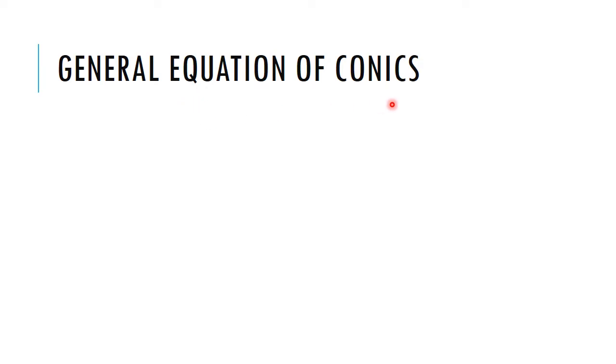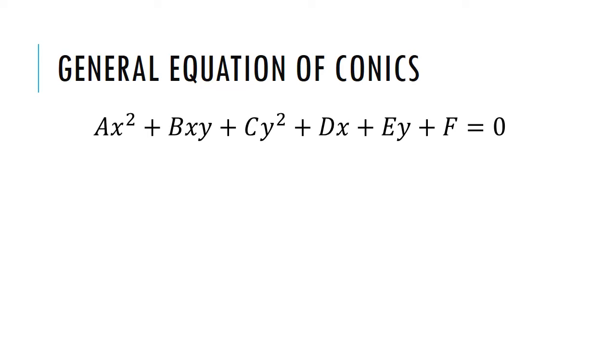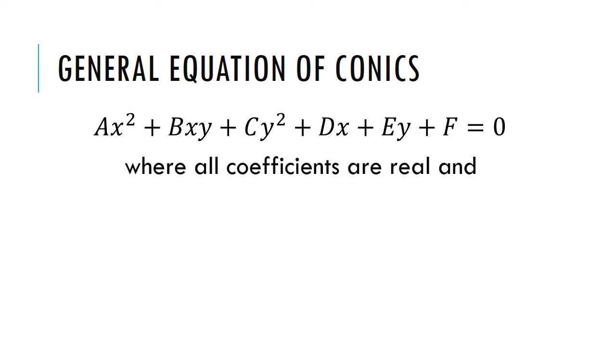And all of these conic sections, including the degenerate conics, have a general equation in the form of ax squared plus bxy plus cy squared plus dx plus ey plus f equals 0, where the coefficients are all real numbers and coefficients a, b, c, or the leading coefficients, are not all 0.